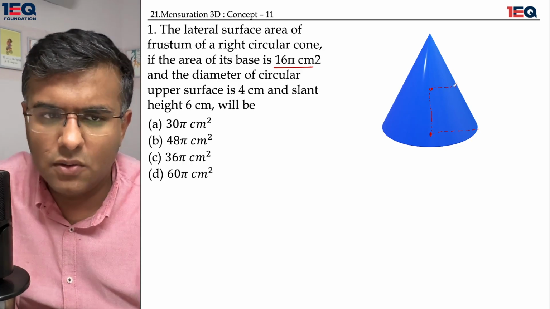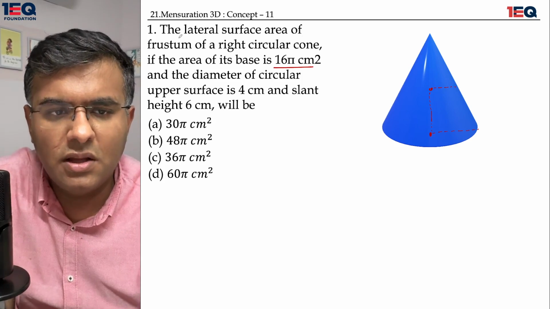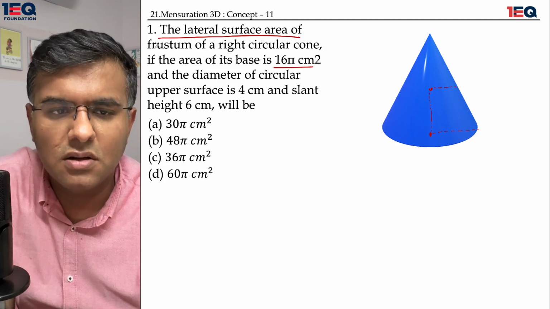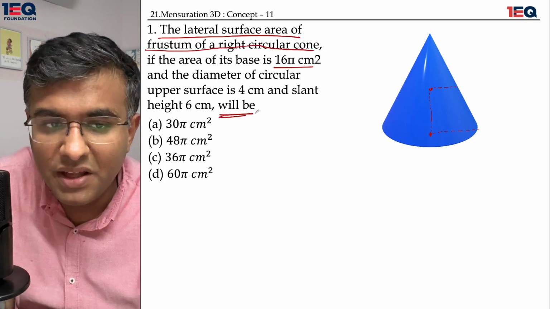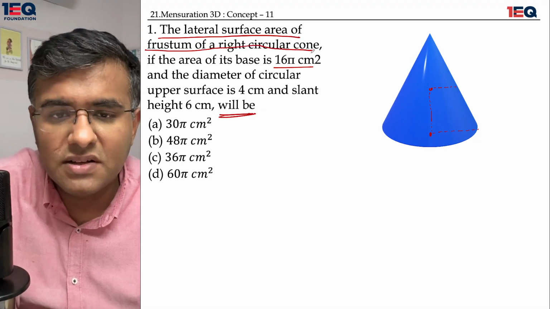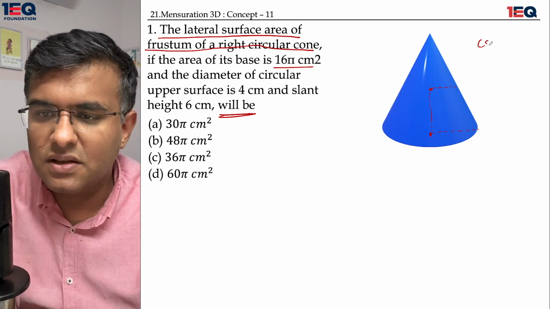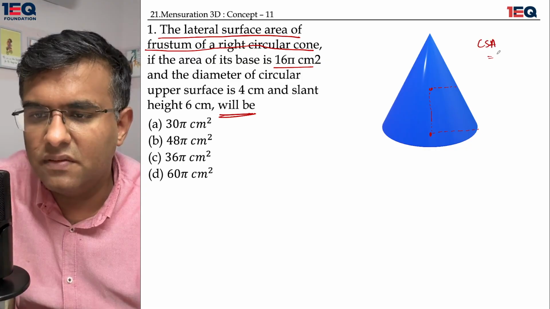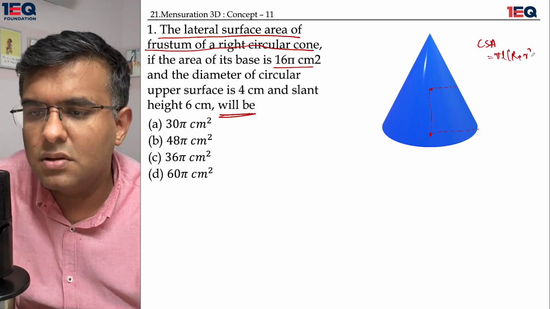What do we need to find out? See, the question is here. The lateral surface area of the frustum of a right circular cone. So I need to find out the CSA, or the lateral surface area, which is pi L multiplied by capital R plus small r.